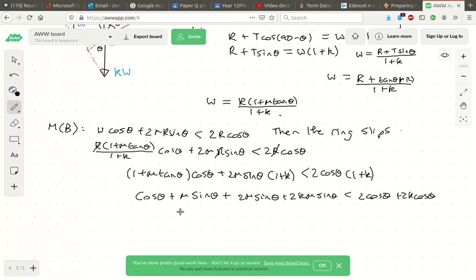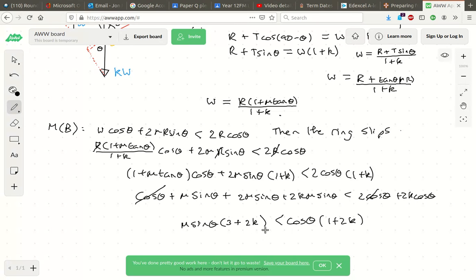Let's simplify it. Let's collect the cos thetas together. That's going to give me just a cos theta on the right hand side. And I've got a 1 and a 2k cos theta as well, so I could just write it as 1 plus 2k. That seems sensible. And then on this side, I've got 3 mu sine theta, plus 2k mu sine theta. So if I take out the mu sine theta, I think I can make that 3 plus 2k.